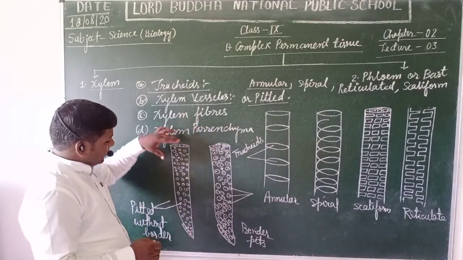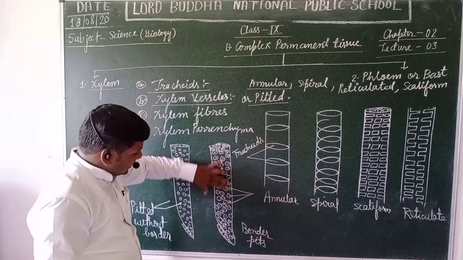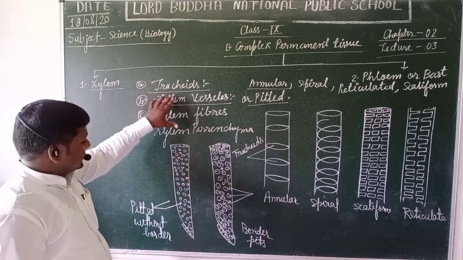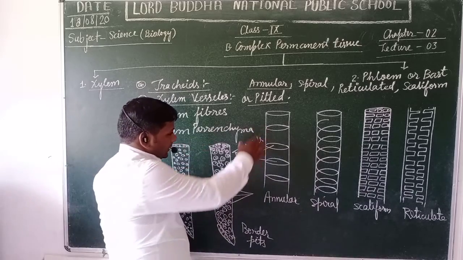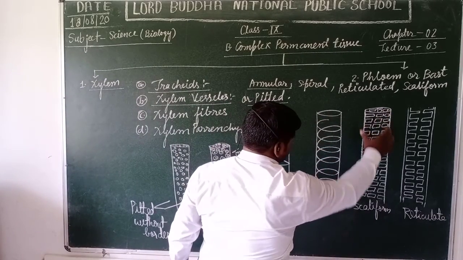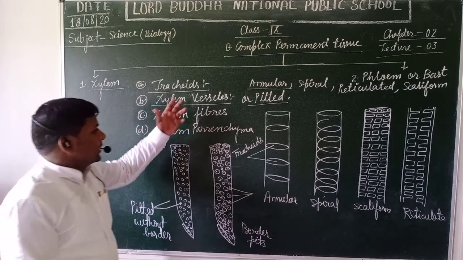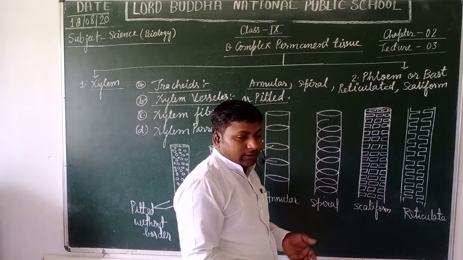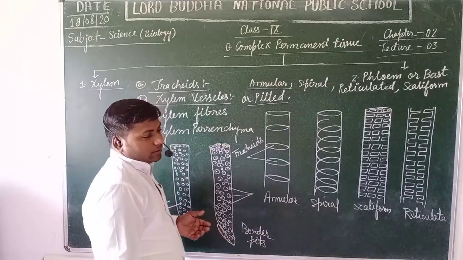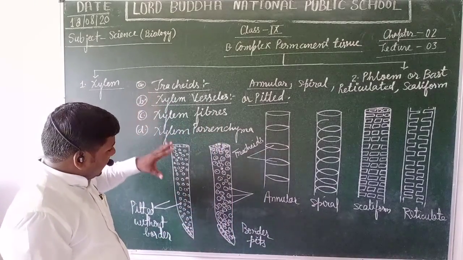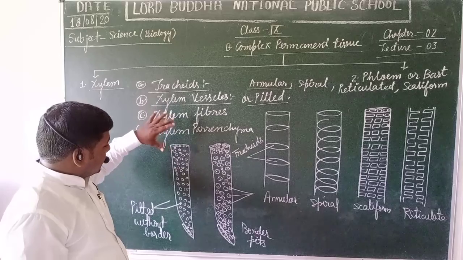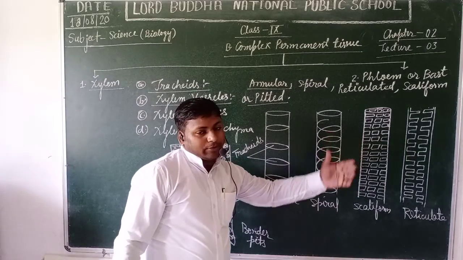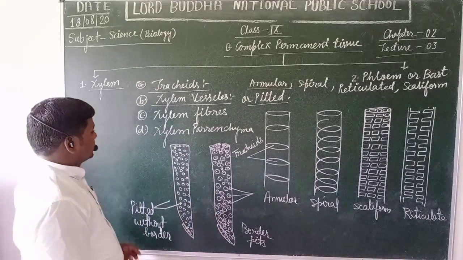Yes, students, these are elongated structures having many tracheids. These elongated cell-like structures are known as xylem vessels. They help not only in the absorption of water but also support the tracheids and allow different positions to the different types of tracheids in different types of plants.